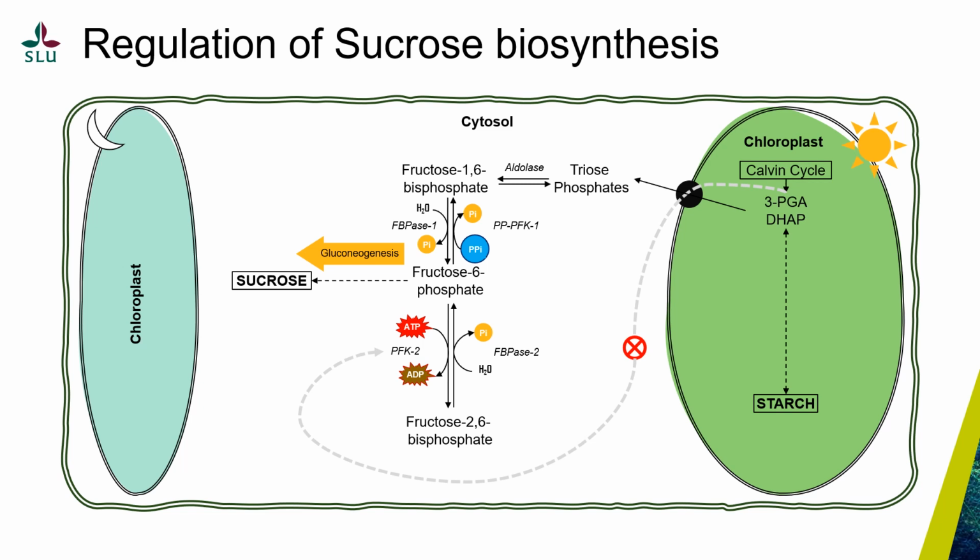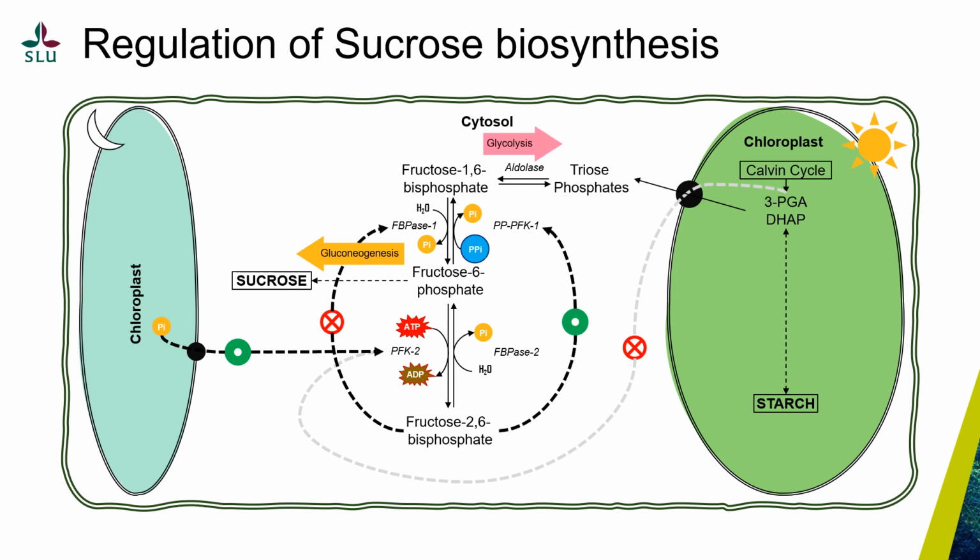So it could be either gluconeogenesis, that means synthesis of glucose and sucrose, or glucose degradation, that is glycolysis. All these reactions are feedback loops, and they try to maintain the concentration of various molecules in order for the plant to survive during the daytime.